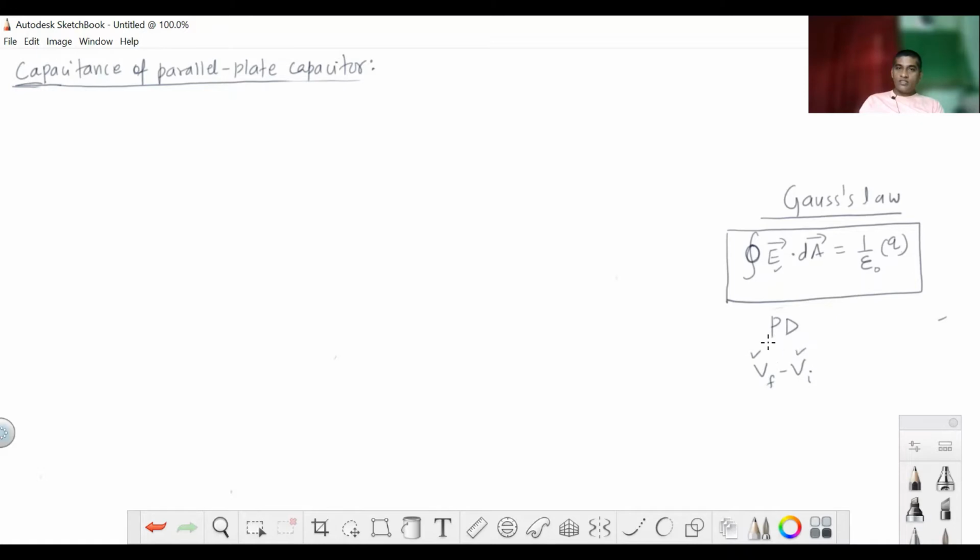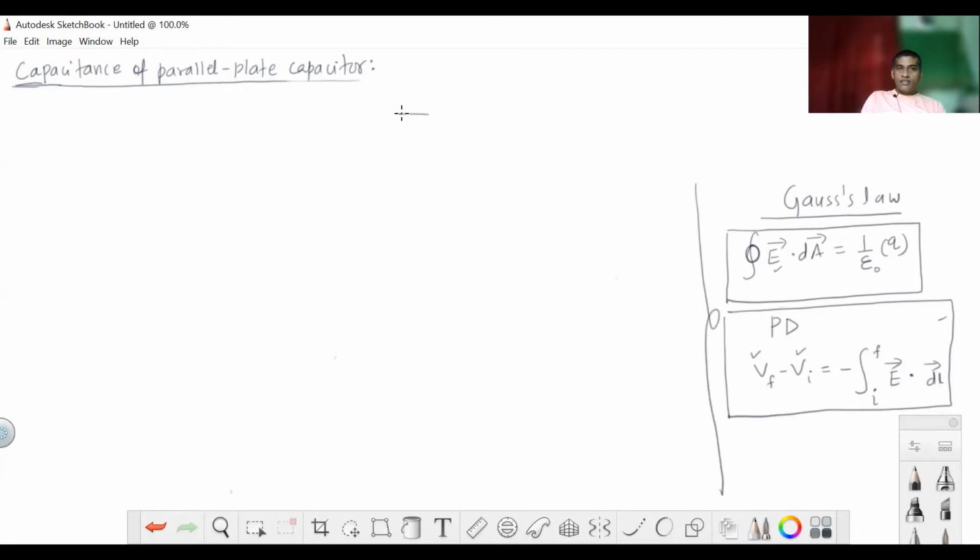So this difference gives the potential difference between initial and final position, equals negative the integration from initial to final position of vector E dot displacement. So this is displacement, and this is the expression for potential difference. I will be coming to this expression later.